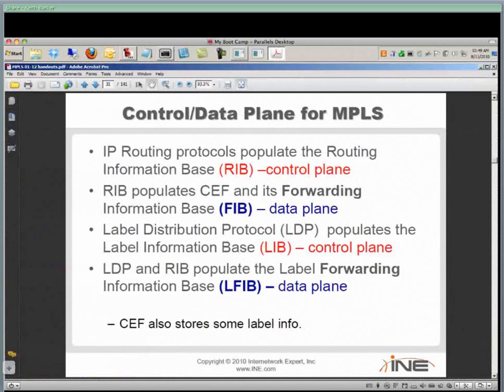So LDP is sharing labels with others. Every label is put into the label information base on the local router, and then the winner, the best possible path, which is also tied back to the RIB table, is placed in the LFIB as far as the best destination or the best path based on the routing table. So the FIB you can kind of think of as for IP and a little bit of MPLS, and the LFIB is specifically just MPLS, the winner circle for forwarding traffic.